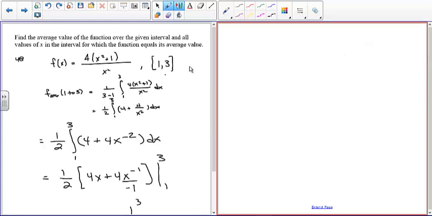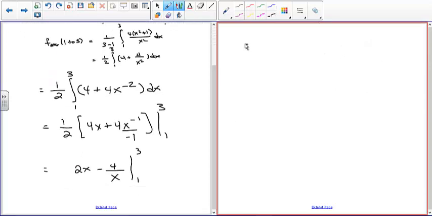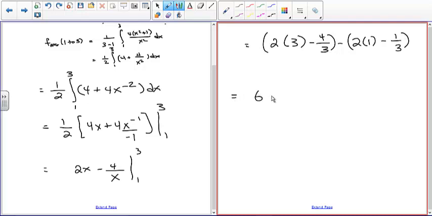So now I take the antiderivative and evaluate it at the upper limit and subtract the antiderivative evaluated at the lower limit. So that's going to be 6 minus 4/3 minus 2 plus 1/3.